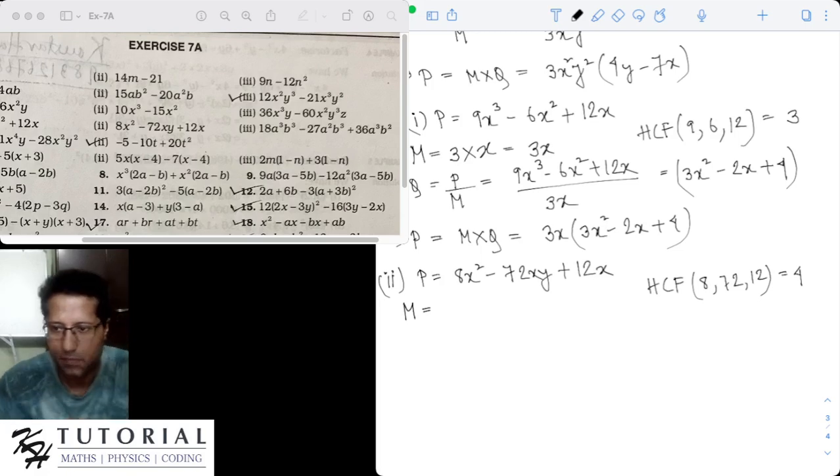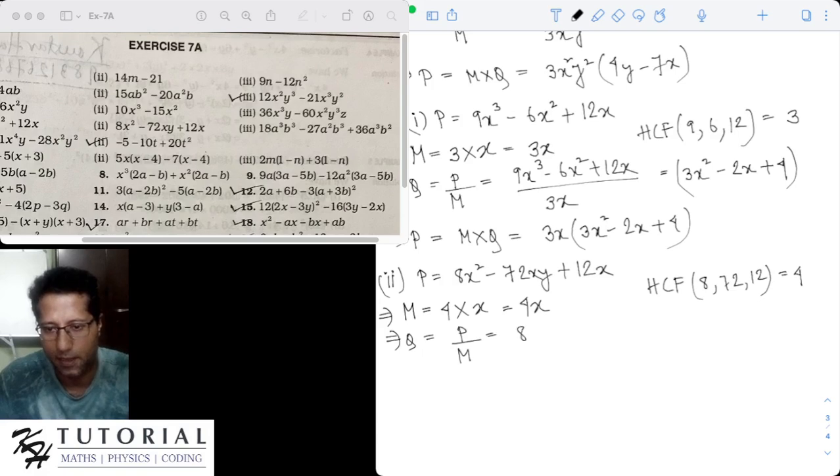Okay, 4. So it will be 4 multiplied by x, since the variable x is present in all the terms and the minimum power of x is 1. So nothing else will be there in the common factor. So this becomes equal to 4x. The common factor is 4x. Now you find q, that is the original polynomial p divided by the common factor m.